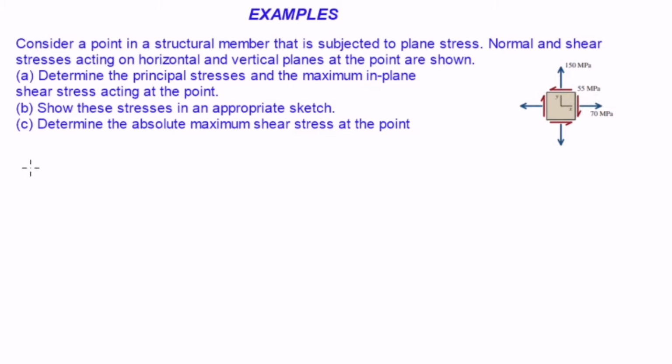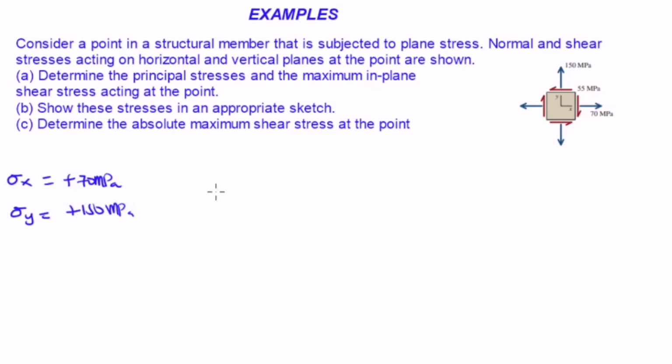So first, from the given stresses, the values to be used in the stress transformation equation are, we have this, which is the stress in the x direction. Is it positive or negative? It's positive. We have positive 70 megapascal. Then we go to our stress in the y direction. The one is also positive 150 megapascal.